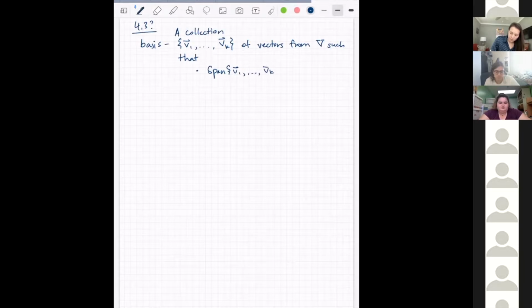So the span of these guys is equal to V, and the collection itself is linearly independent.